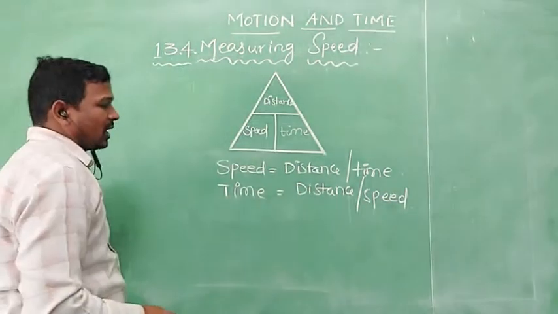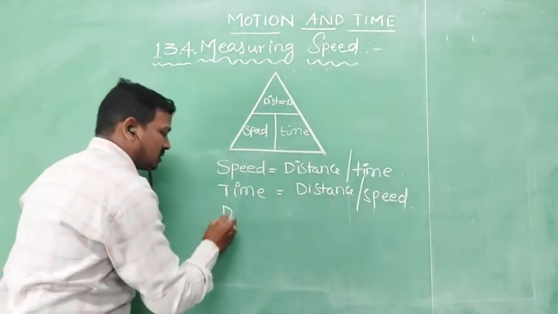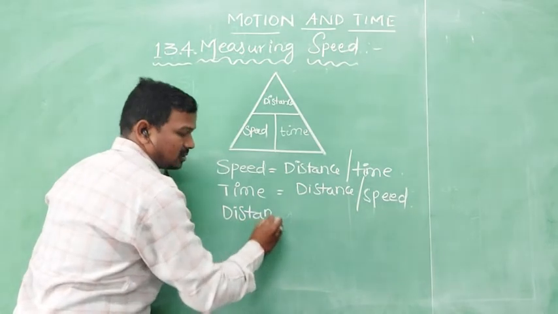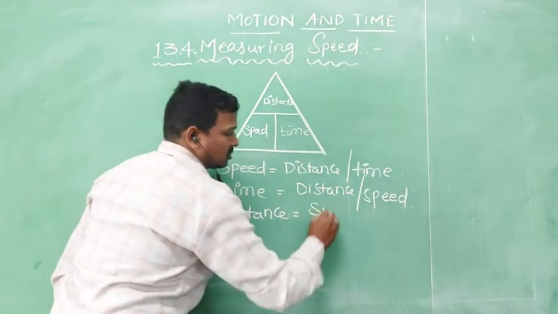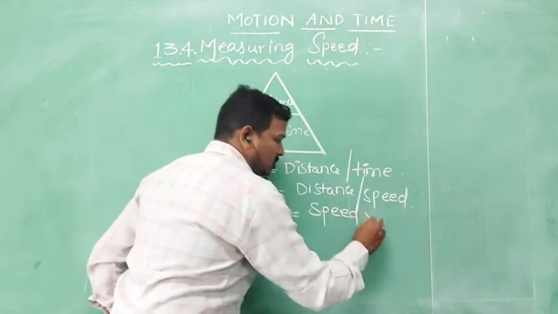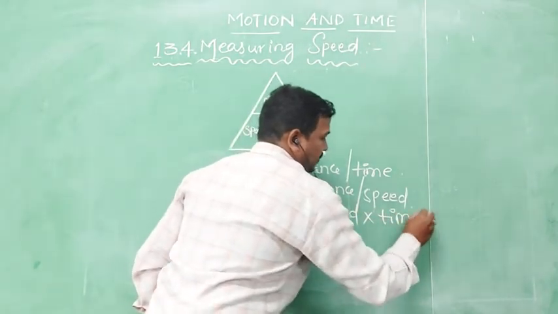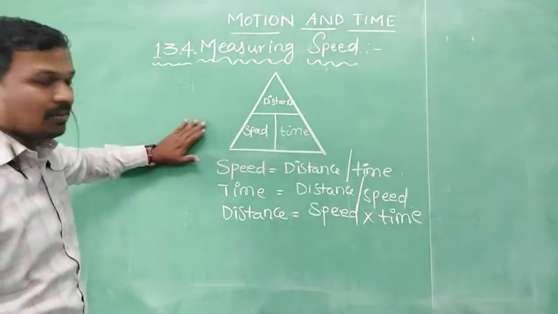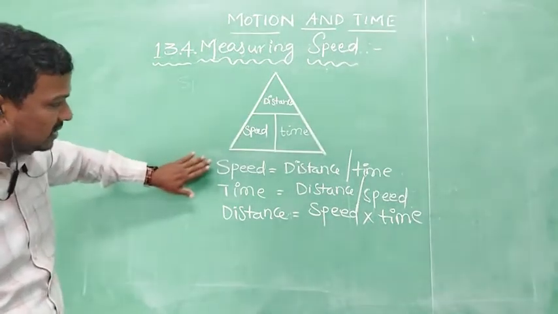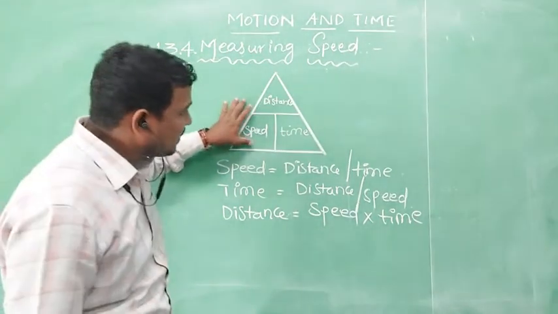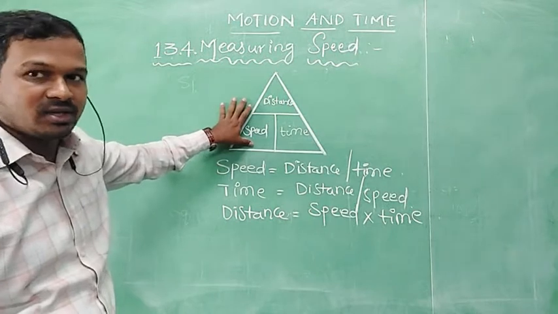Now I want to calculate the distance: distance is equal to speed into time. This is a pyramid which is very useful. Like this, if you remember this pyramid, you can write the formulas in 3 ways.